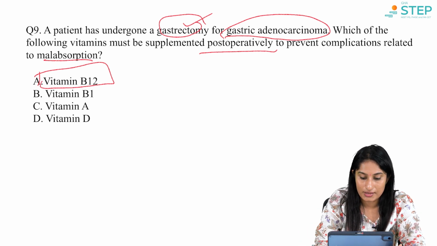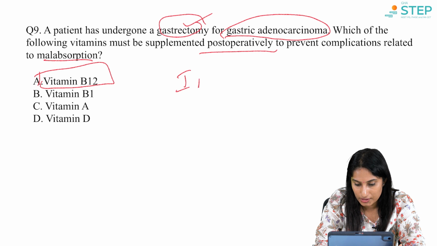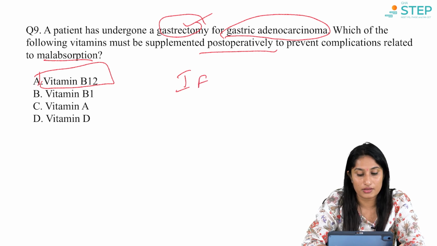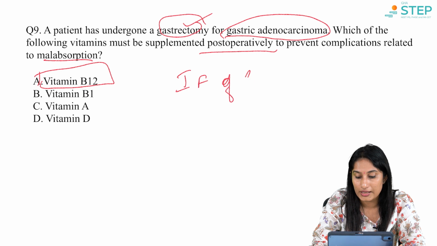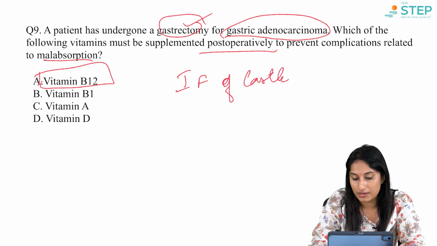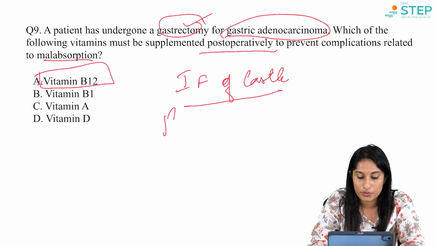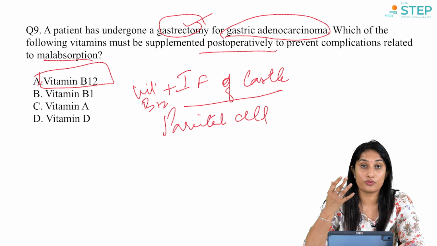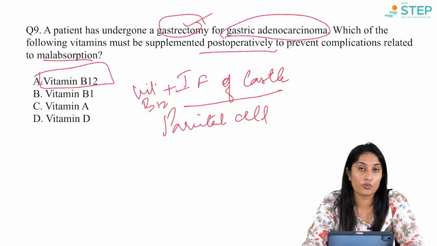And the reason is this: the intrinsic factor of Castle, which is produced by the parietal cells. B12 always needs intrinsic factor for its absorption down the intestine, so this is a must.